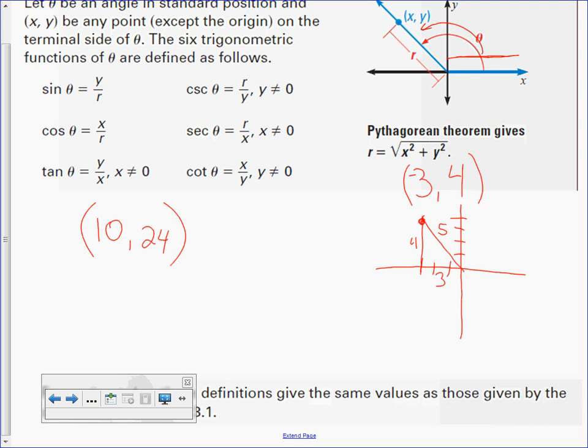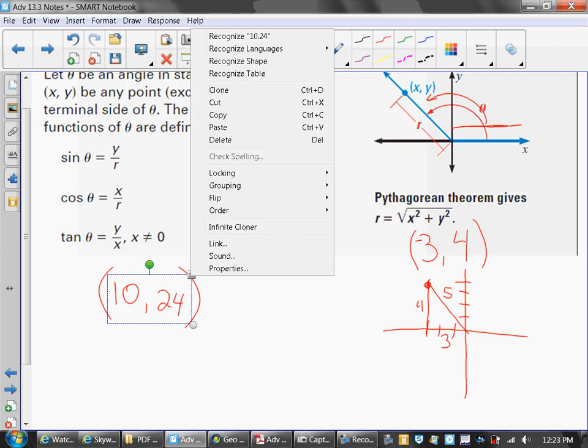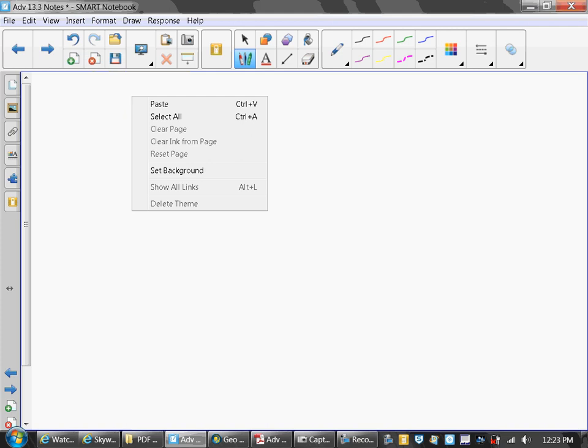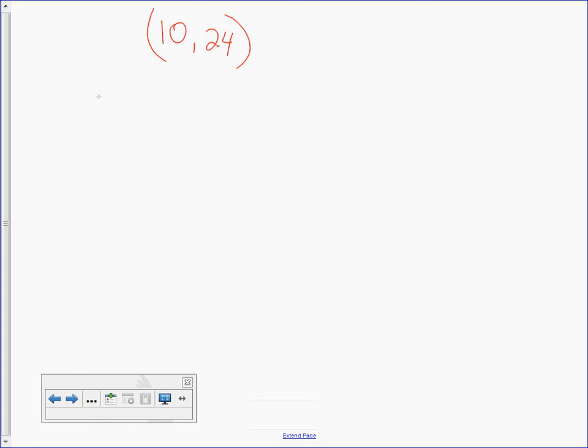So here's how we do that. Let me copy this on a separate sheet. So I'm giving you the ordered pair 10 and 24. That's my x and my y value.